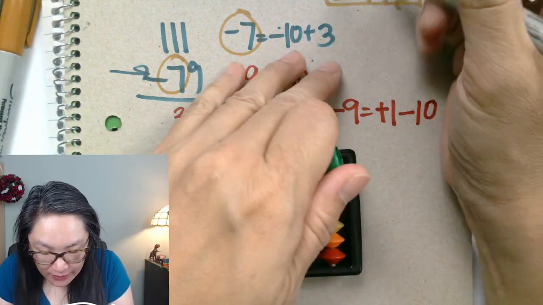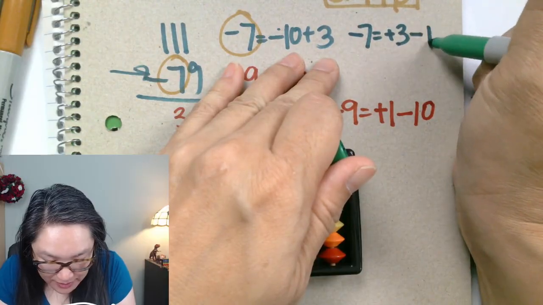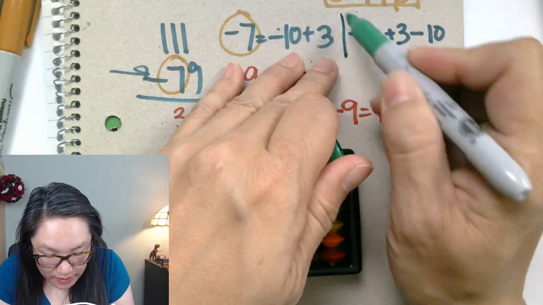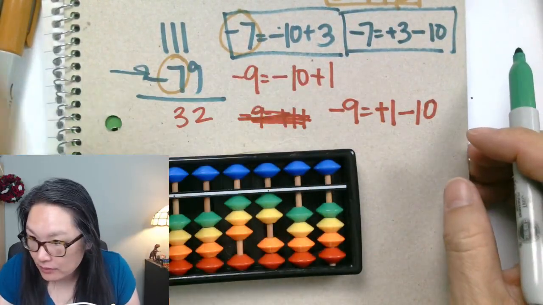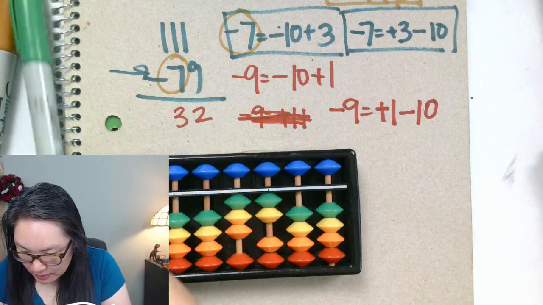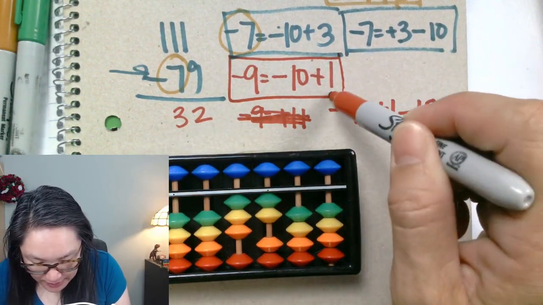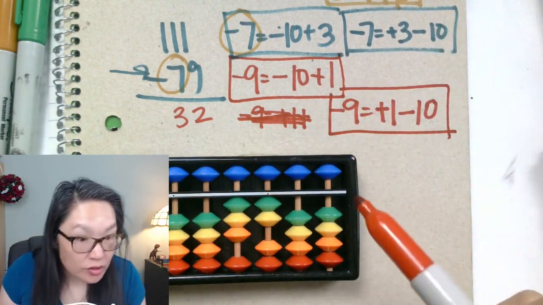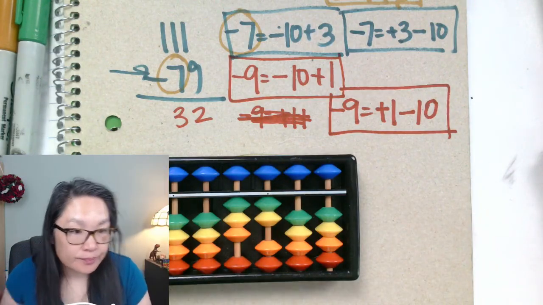Just as with the 7, we could do minus the 7 is equal to plus 3 minus 10. It's exactly the same, so don't be scared to flip it.